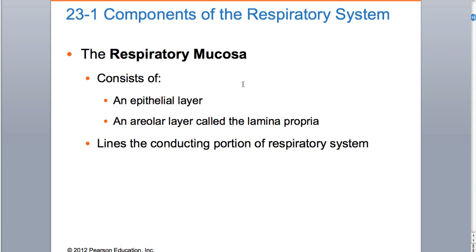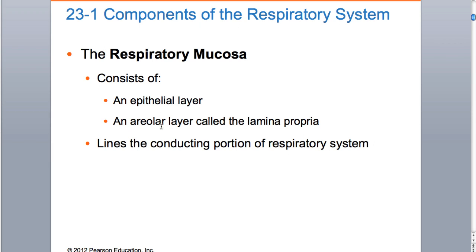Respiratory mucosa. Now, the moment you say mucosa or mucus, you've already learned in 2401 what type of tissue produces secretions such as mucus. It would be the epithelial tissue. So we have an epithelial tissue as the lining of the lumen of the respiratory tract. These are often easily replaced and torn, and that's why, just like in your gut, as you'll see in chapter 24, the epithelial lining is easily replaced, with a high mitotic rate.